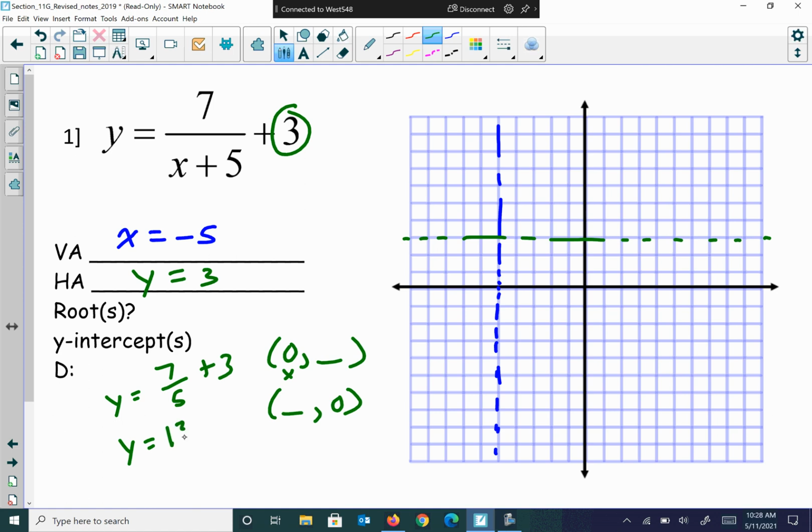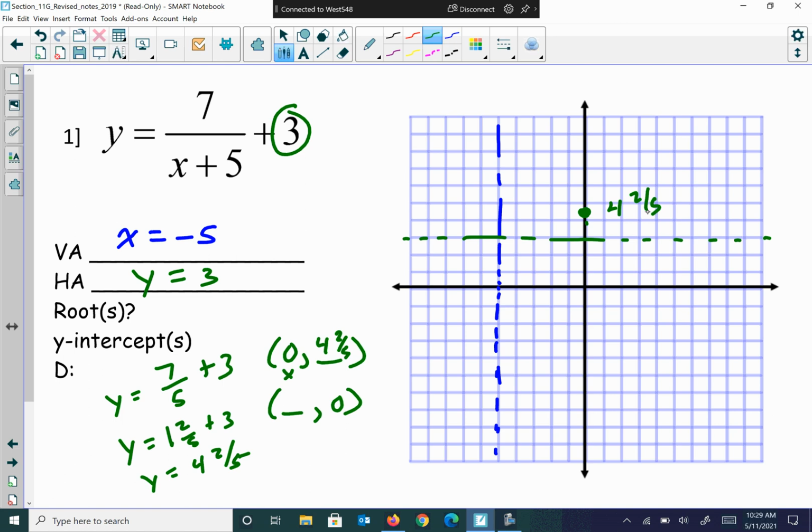That's 1 2/5 plus 3. So y equals 4 2/5. And of course, if you had a calculator, you could take care of that. So 4 2/5. So 0, 4 2/5. 1, 2, 3, 4 2/5 is just a little tiny bit up.